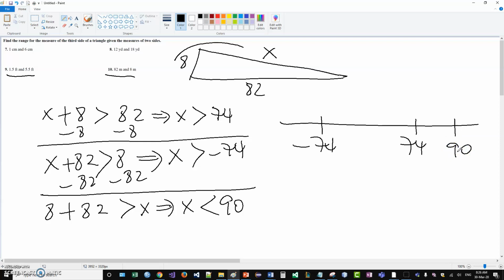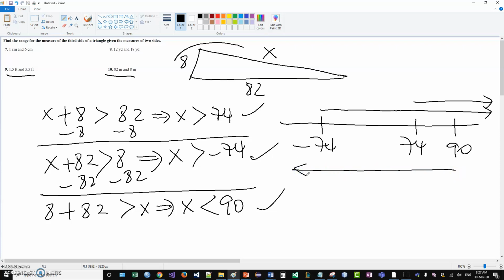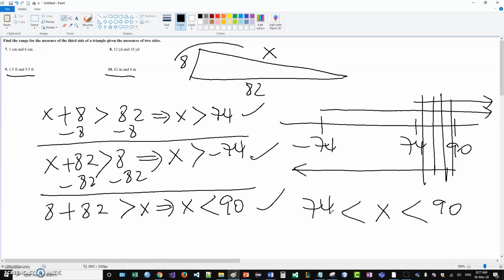First one greater than 74, second one greater than minus 74, and then the third one less than 90. The common solution area is x between 74 and 90. So the third side should be between 74 and 90 for us to have a triangle.